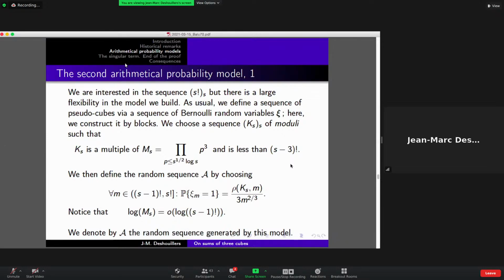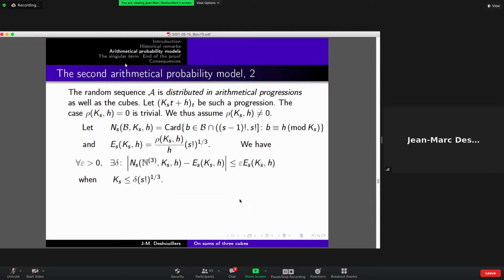So you have now the complete sequence xi(m) defined. It's defined for all integers, except that the definition will change a bit depending on whether you are in the interval s minus 1 factorial to s factorial. Okay, so now we have our random sequence.